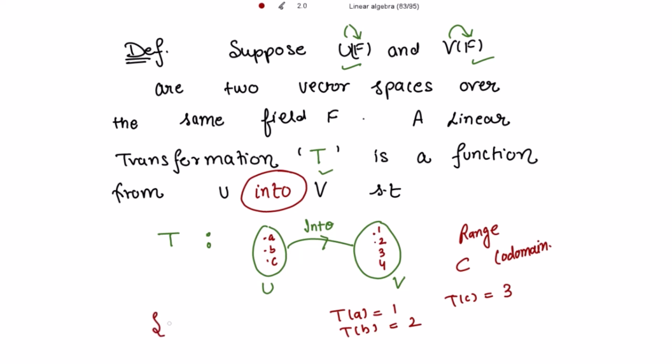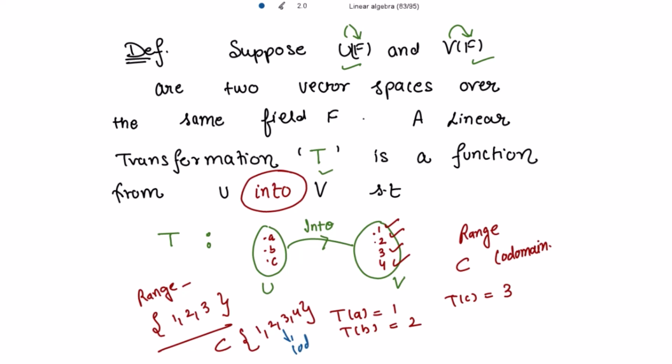What is the range then? It is the set {1, 2, 3}, and this set is a subset of the set {1, 2, 3, 4}, the four elements. This is your codomain, and this is the range. So the function where the range is a subset of the codomain is your into function.